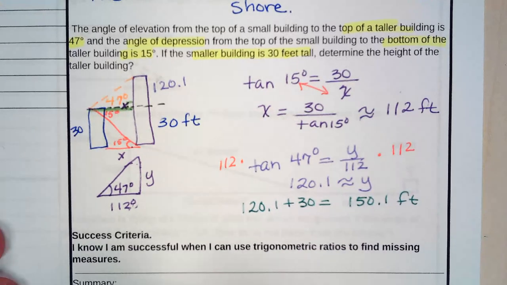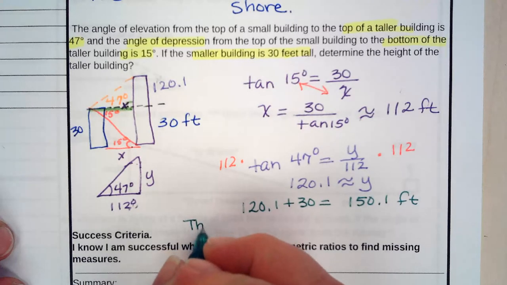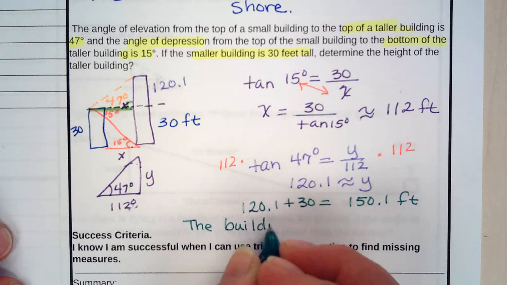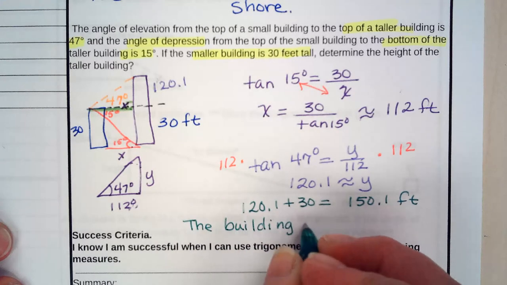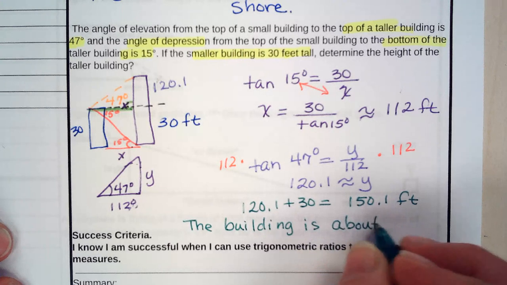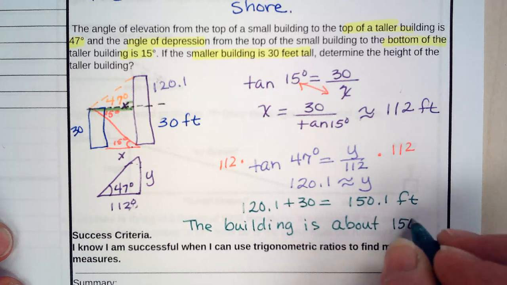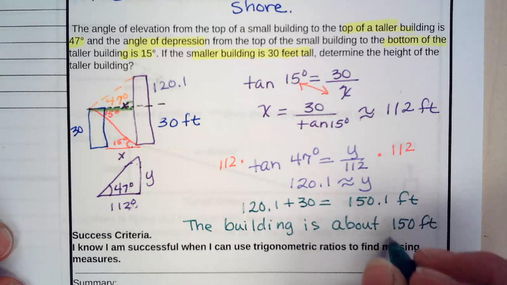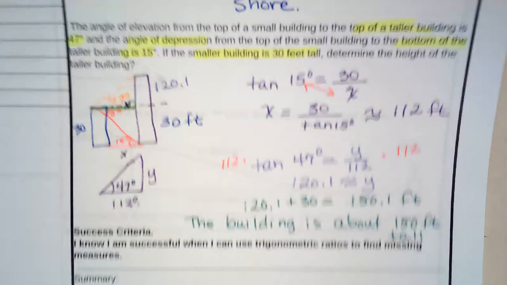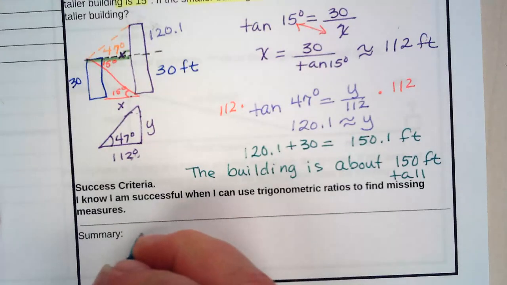So the building is about 150 feet tall. And how do you know when you're successful? I know I'm successful when I can use trigonometric ratios to find missing measures. And these are trig word problems.